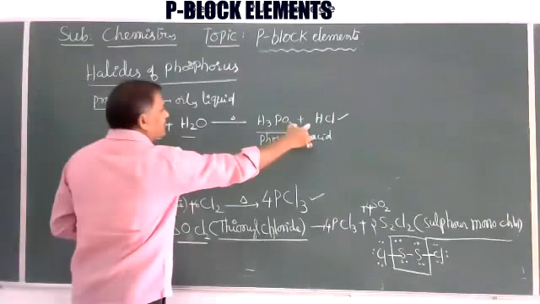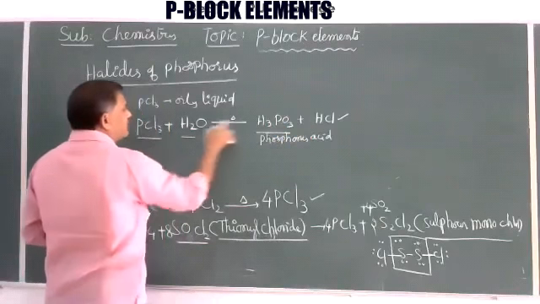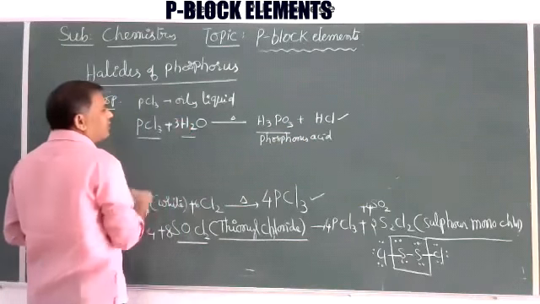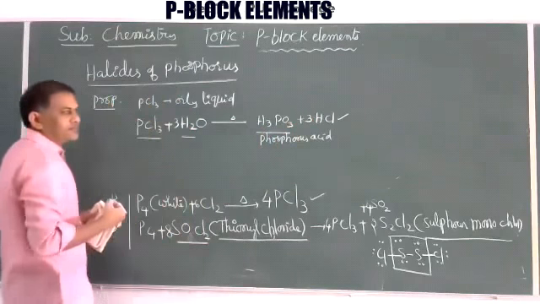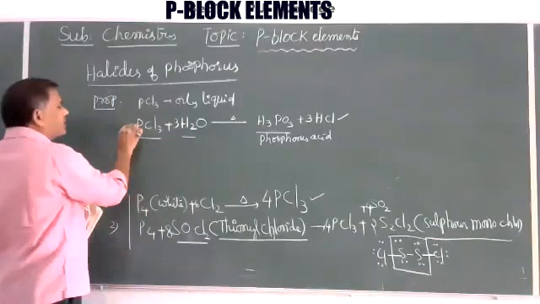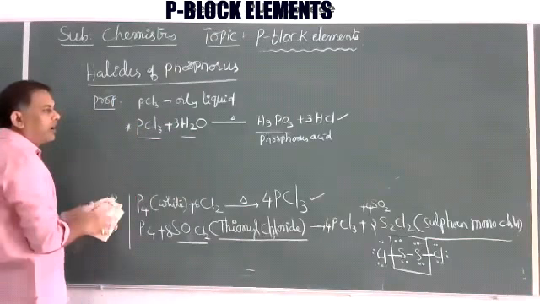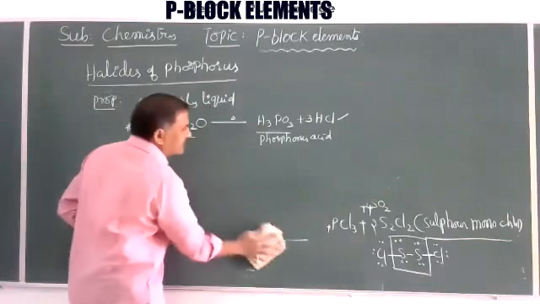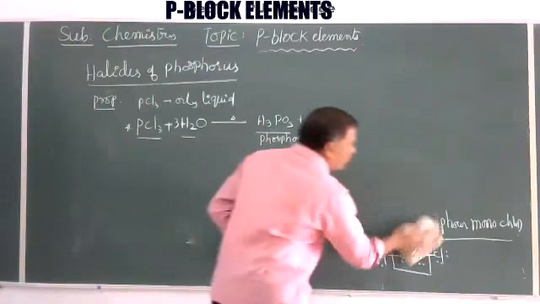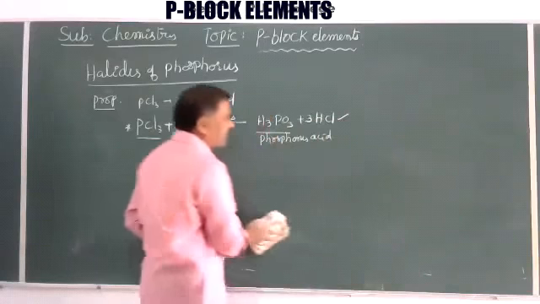Now the 3 chlorine atoms are there, only 1 phosphorus. So totally the 3 are required, like balance. Here are the 3 HCl. So phosphorus trichloride on hydrolysis gives the corresponding phosphorus acid, that is orthophosphorus acid.